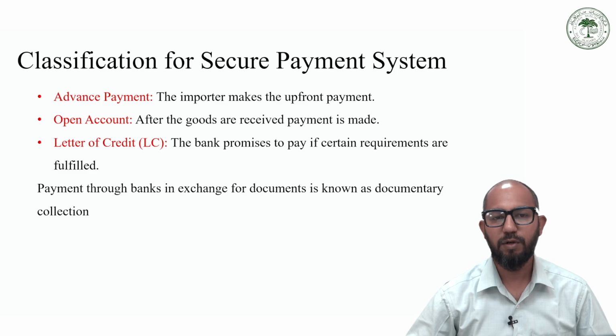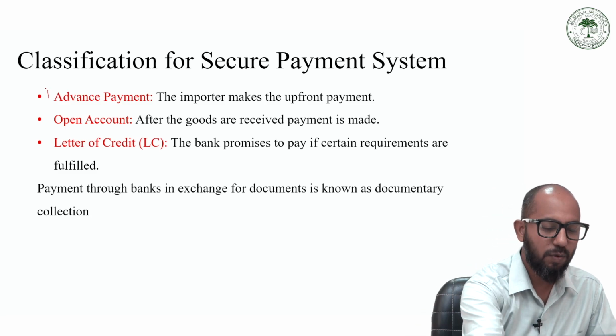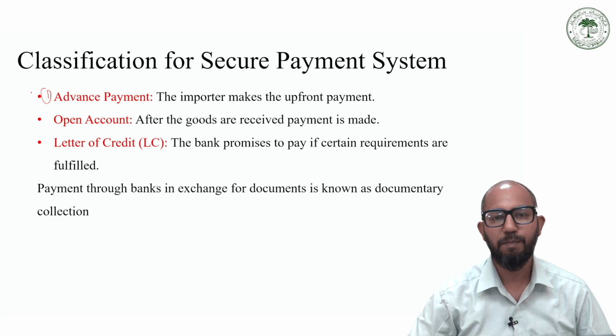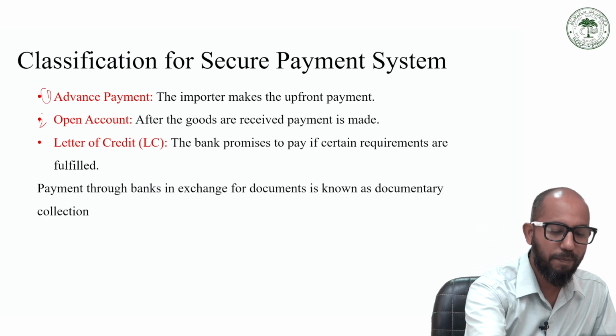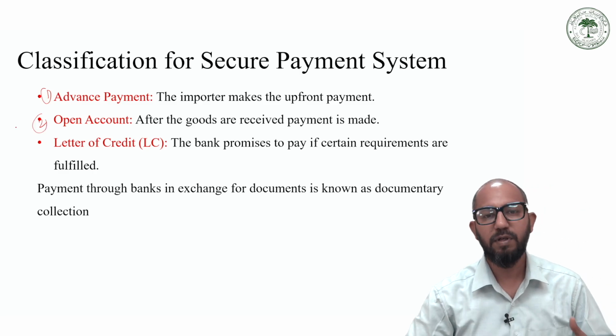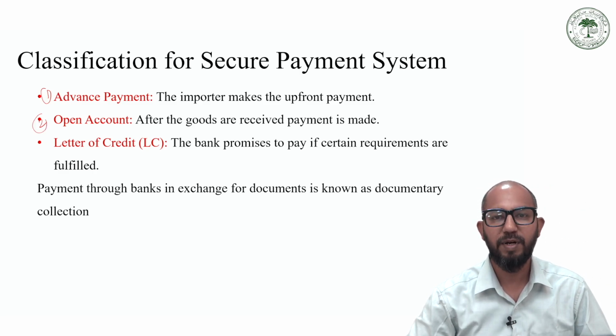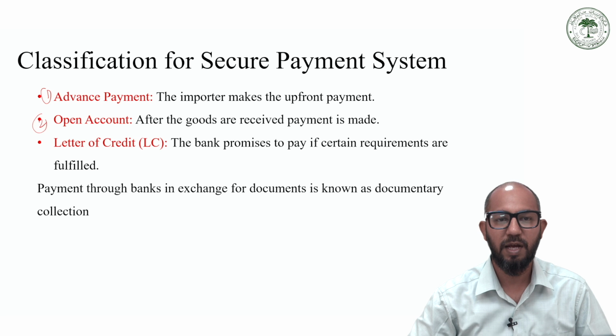Let us now try to classify secure payment system. The secure payment system can be broadly classified into three types. Number 1, advance payment, where the importer makes the upfront payment. Number 2, open account, where after the goods are received, the payment is made or payment is realized.